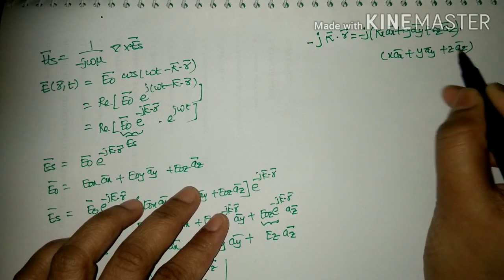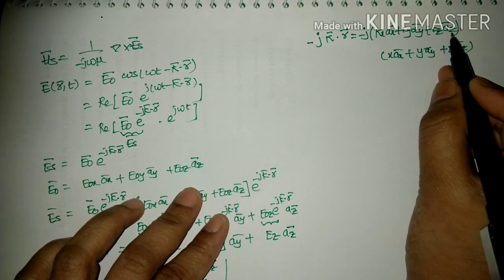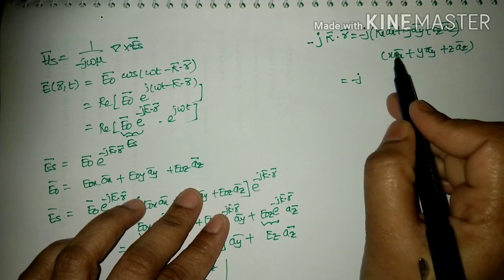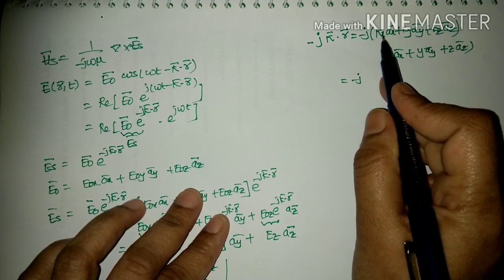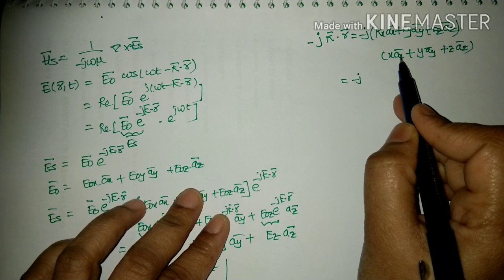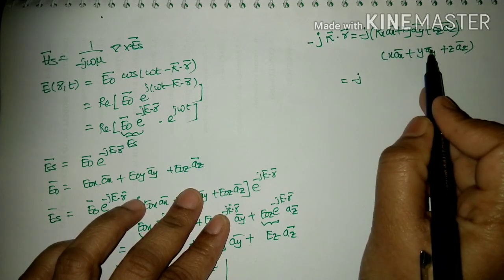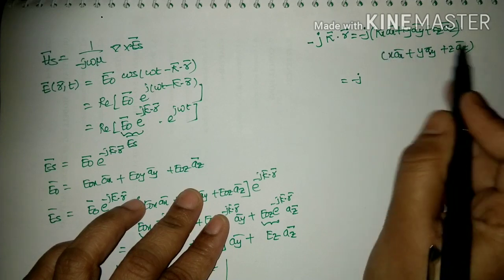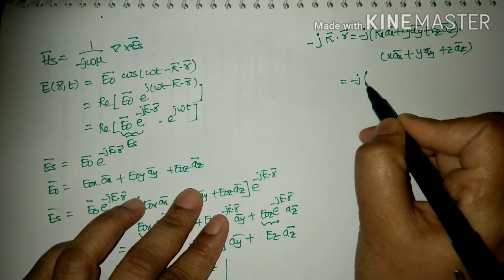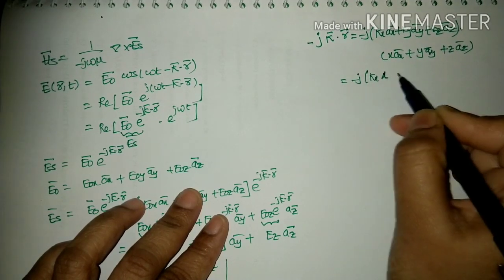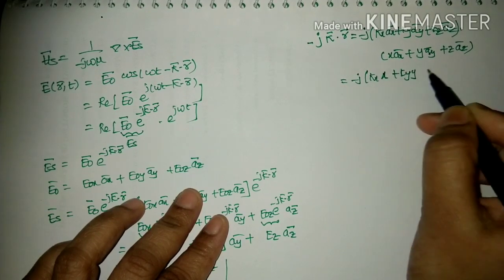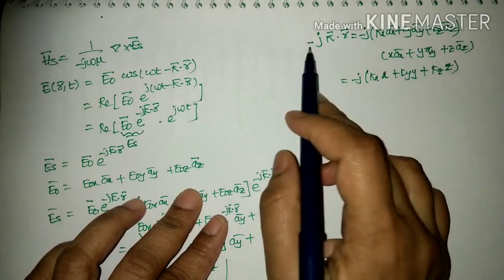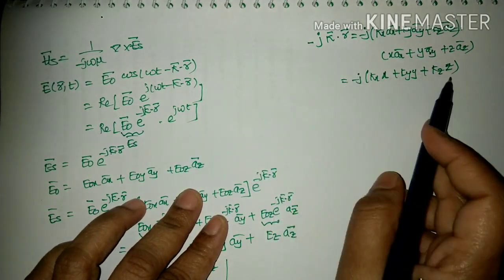So this is the positional vector, this is the propagation vector. So the dot product of k bar dot r bar: Ax bar dot Ax bar will be equal to 1, Ax bar dot Ay bar will be equal to 0, Ax bar dot Az bar equal to 0. So as you are doing the dot products, you will get it as kx into x plus ky into y plus kz into z. So this is minus j k bar dot r bar.